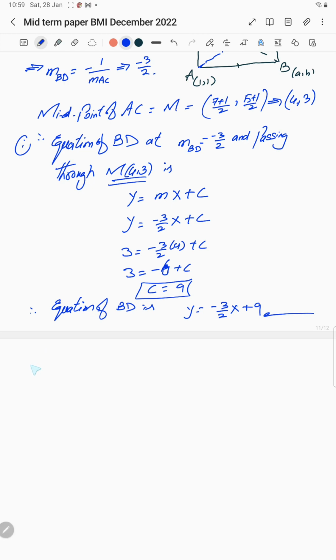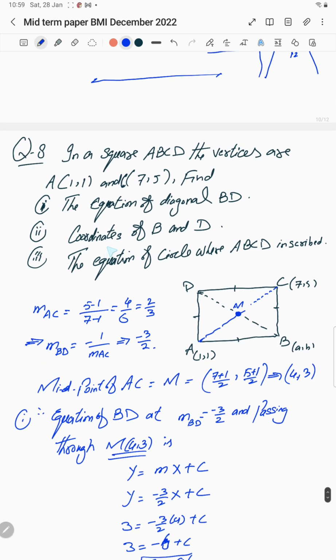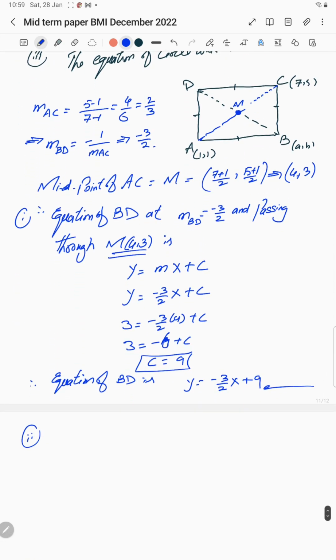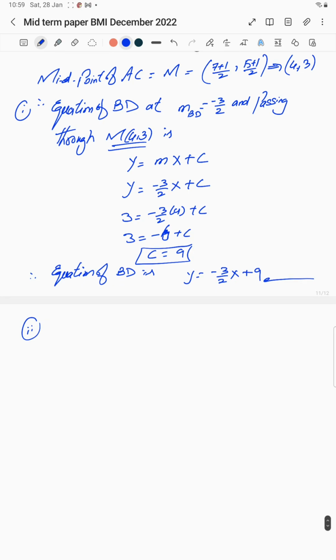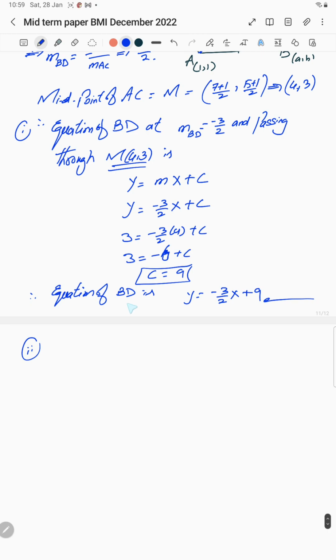Second part of the question, the examiner asks us to find the coordinates of B and D. B and D coordinates we are looking for. As you can see from the figure, suppose the coordinates of B are (a, b), which lies on the line BD.